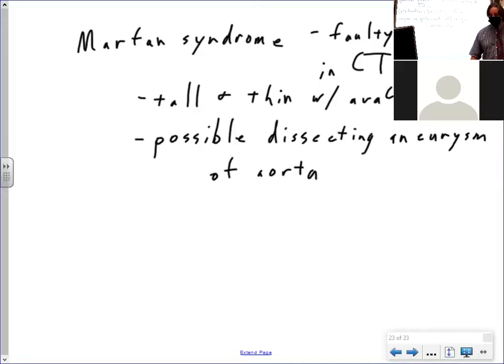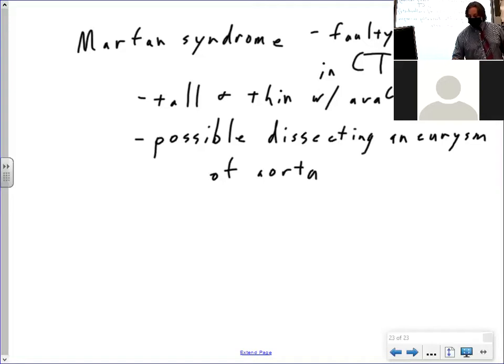Another thing that happens is mitral valve prolapse. The mitral valve in your heart can actually swing backwards and become compromised in people with Marfan syndrome because of their crappy connective tissue connections.